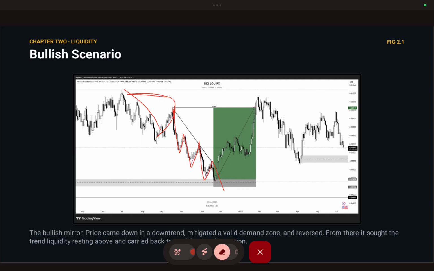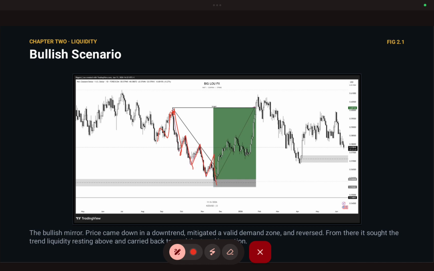Let me explain something. You could see that price had a series of higher high, higher low, higher high, higher low, then started a new, clear bearish trend from this high, and then we started lower low, lower high, lower low, lower high, because this was a bearish movement.